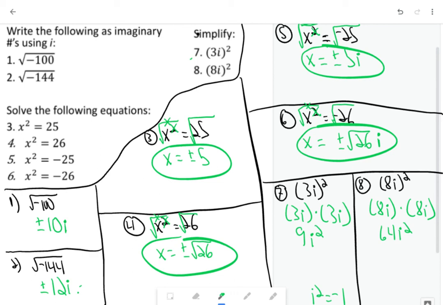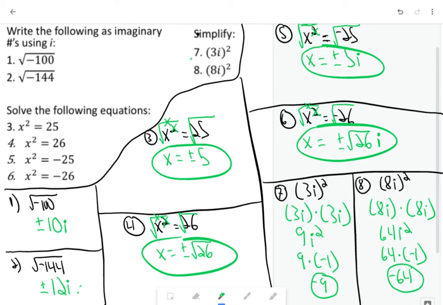So when I simplify that, 9i squared is really 9 times -1. And 64i squared is really 64 times -1. So 9 times -1 is -9, and 64 times -1 is -64.